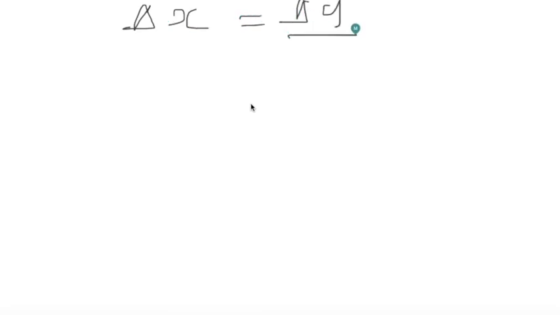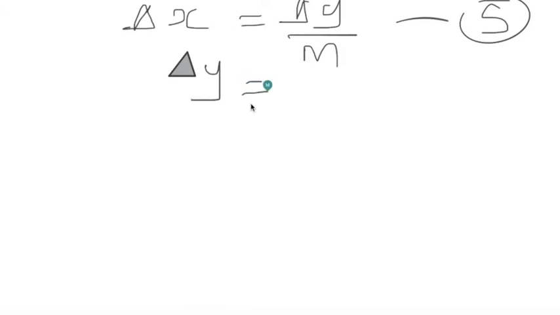From this equation, we know that if the value of slope is greater than 1, then you are going to sample at unit y intervals, so the value of delta y is equal to 1. From both these equations, you can write delta x is equal to 1 by m.